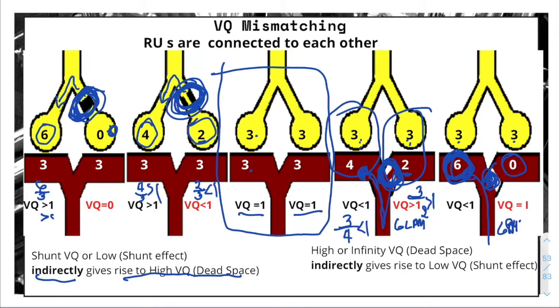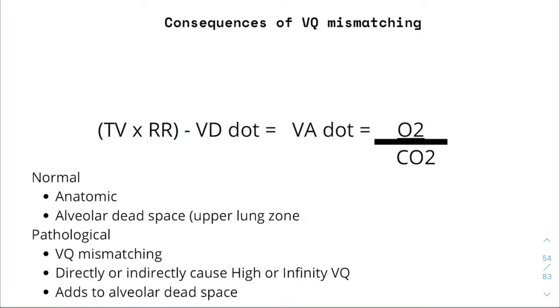So 3 over 0 is equal to a VQ of infinity. While on the other respiratory unit, you have 3 over 6, which is lesser than 1. So high or infinity VQ or dead space will indirectly give rise to a low VQ.